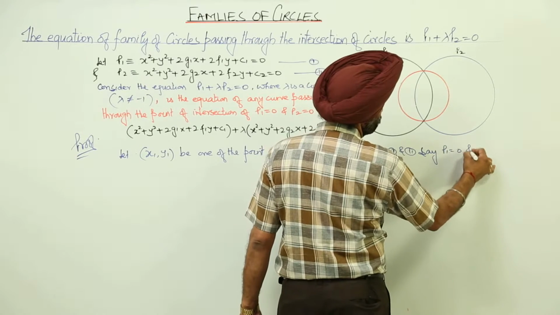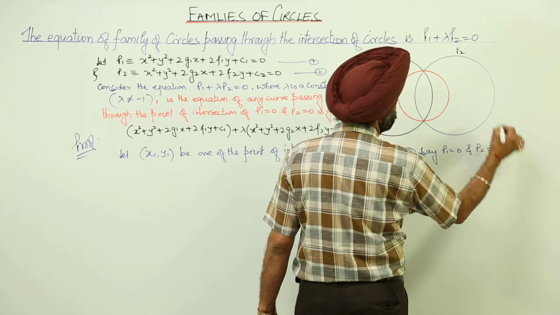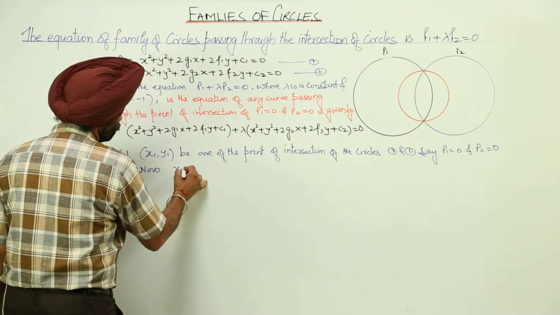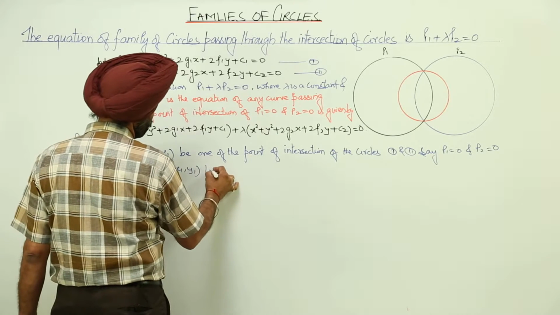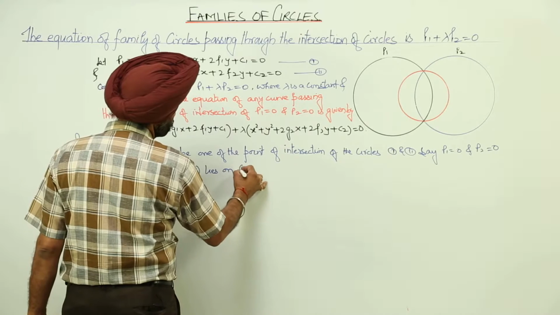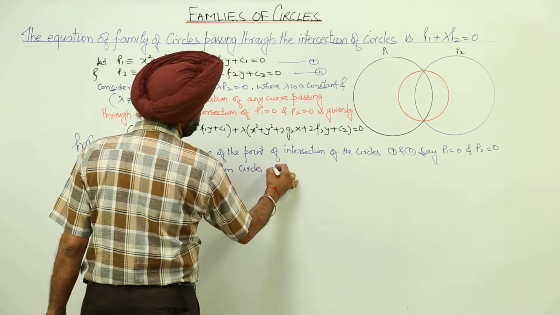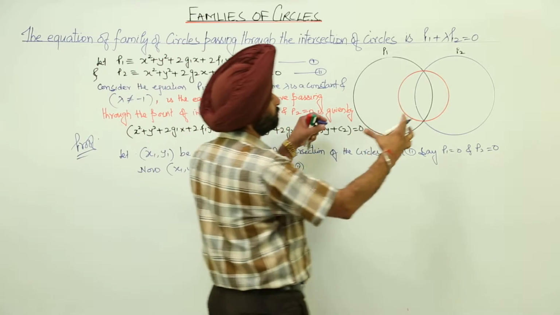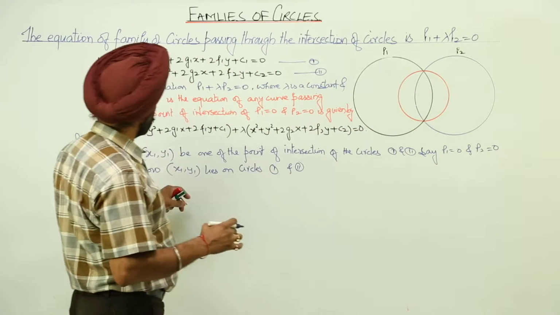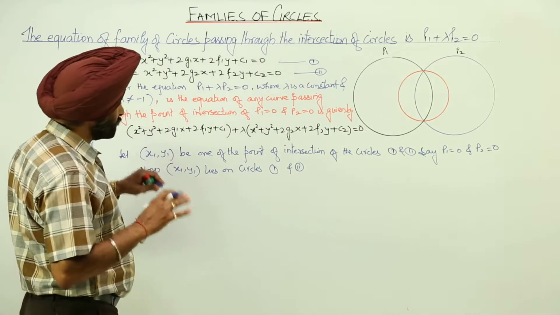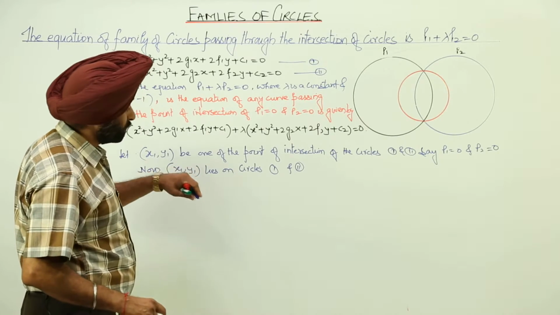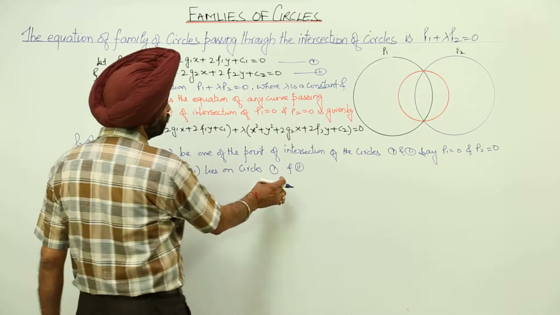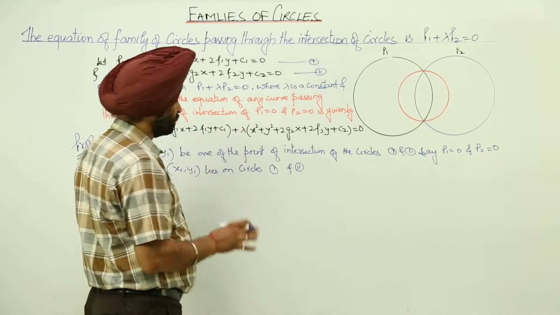Say P1 is equal to 0 and P2 is equal to 0. Now x1 comma y1 lies on circles 1 and 2. Naturally, when they are intersecting, x1 y1 is a part of a circle, or lies on a circle. So we have supposed that x1 y1 is one of the points of intersection of the circles, and x1 y1 lies on this circle and on this circle also.